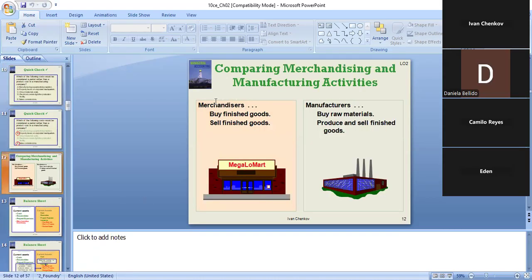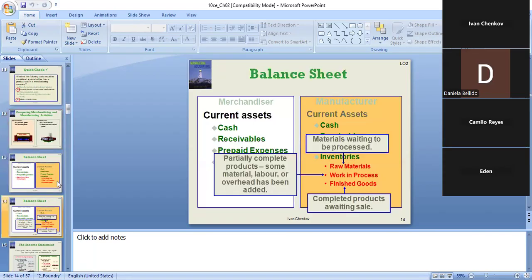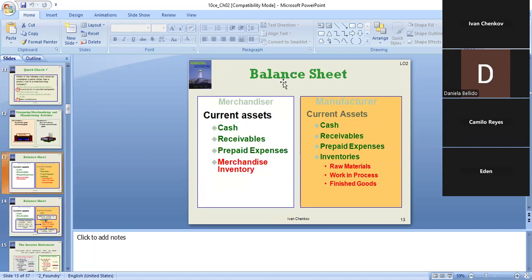Then we saw that we have merchandising companies and manufacturing companies. What's interesting with those? Merchandising is buying goods and selling goods, whereas the manufacturing company produces those goods before they sell them. So for that reason, a merchandising company is going to have only one inventory account, which is merchandising inventory or just simply inventory, whereas the manufacturing company is going to have three inventory accounts.